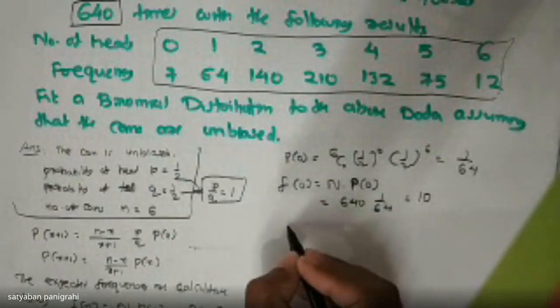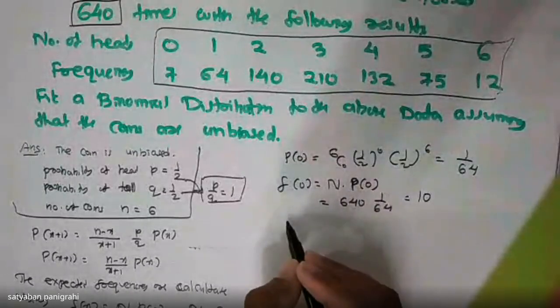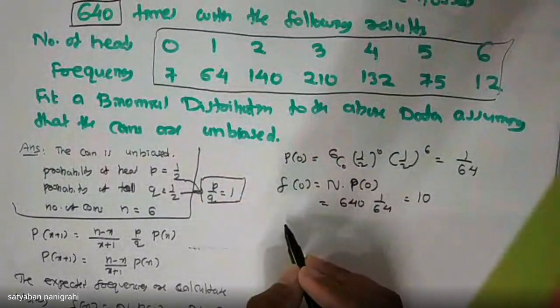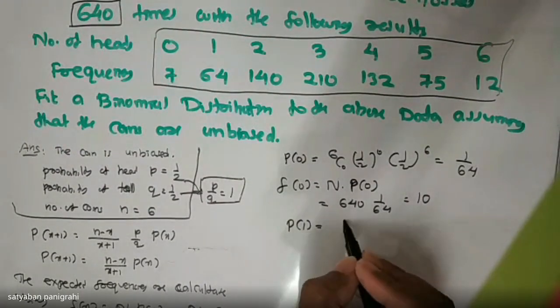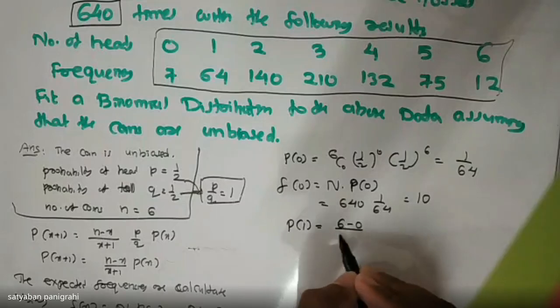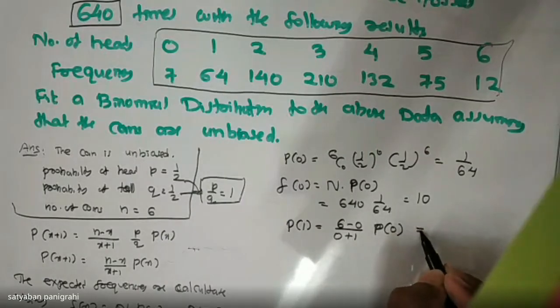Similarly, you can compute for P1. P1 is (6 minus 0) divided by (0 plus 1) times P0.